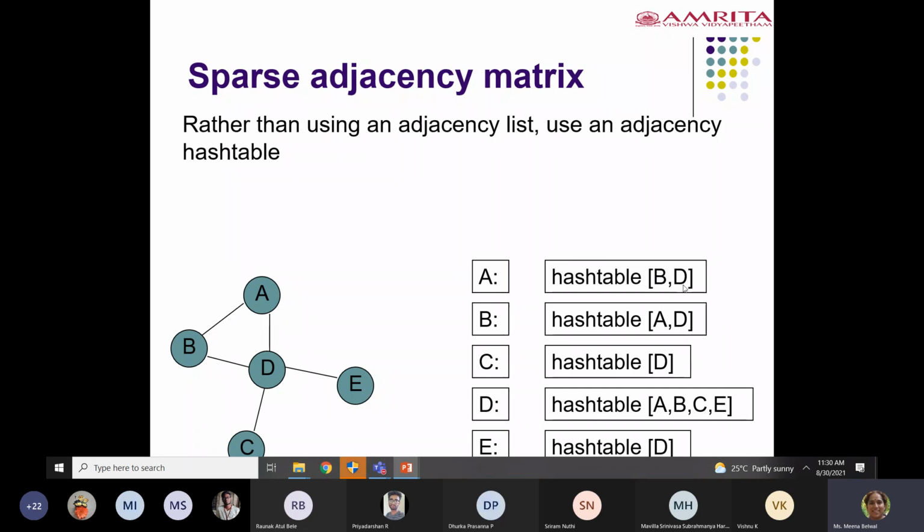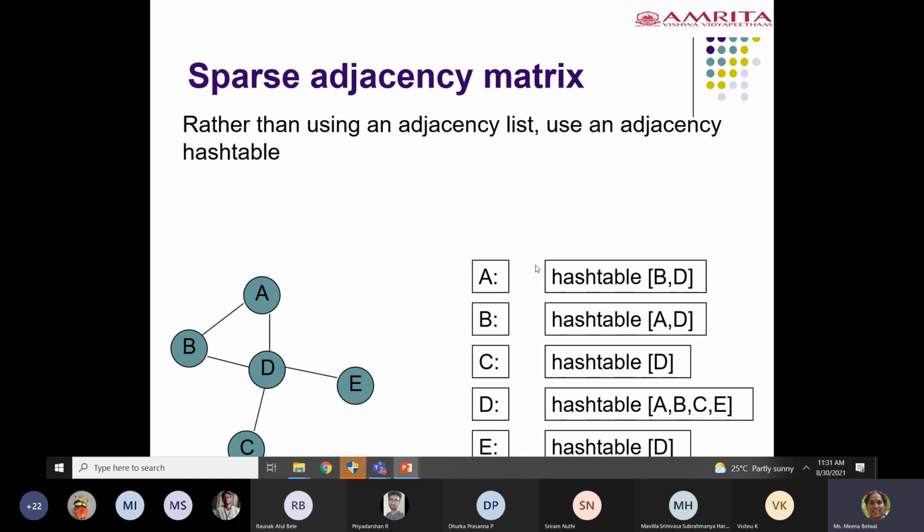As I told you, suppose A is connected with 20 nodes, and I want to search whether a particular edge that starts with A is there or not. Suppose that edge is not available. I'm again repeating the example. Suppose A is connected with 20 nodes. It's a big graph, and we want to find out whether A is connected with M or not.